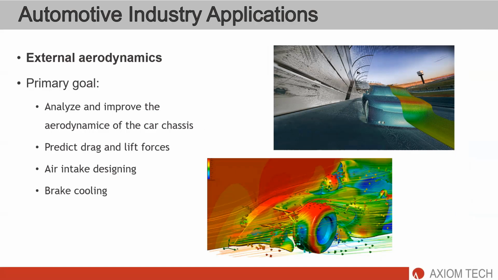The primary goal of this analysis are improve aerodynamic of the car's chassis, drag and lift coefficient, fuel consumption, flow around parts such as mirrors, for example, brake cooling, underhood aerodynamics, air intakes, external flow of exhaust gas, window and mirror cleaning, or some thermal design of lighting element with, for example, special module, add-on module, LED.